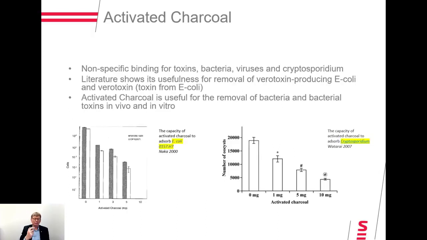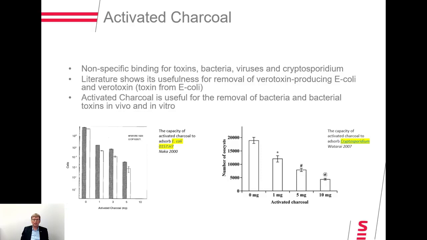This is a brief review of 2 studies where we showed the non-specific binding of toxins, bacteria, viruses, and Cryptosporidium, and the literature clearly shows that it is useful for removal of some of the toxins associated with E. coli and the E. coli bacteria themselves.